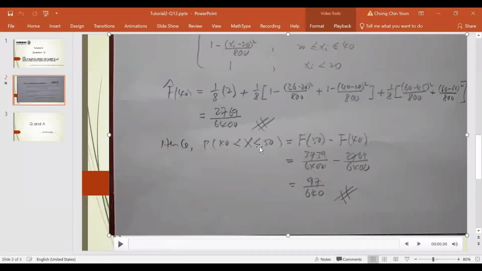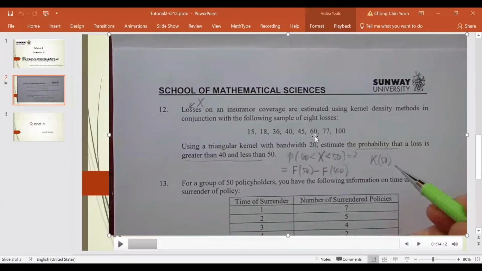Now what happens if this is discrete? If this is discrete, 40 to 50, let's go back to the question. Okay, if this is discrete, so 40 to 50 exclusive, you only get one data here, right? That's 45. 45 divided by 8 is 0.125.